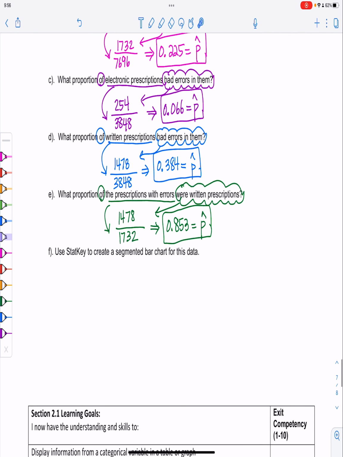So now let's use StatKey to create a segmented bar chart for this data. So let's do that. And again, make sure, here, let me make a note here so that if you're trying to fast forward or whatever, you would see this note.